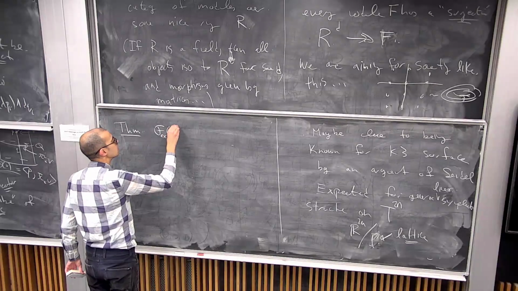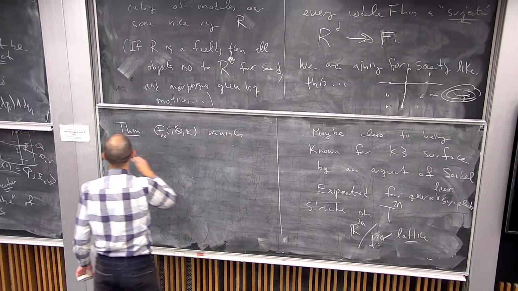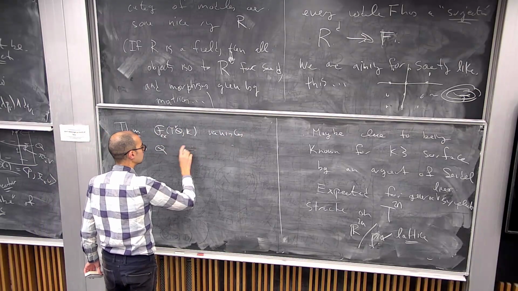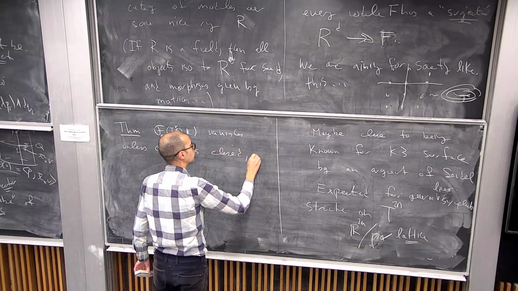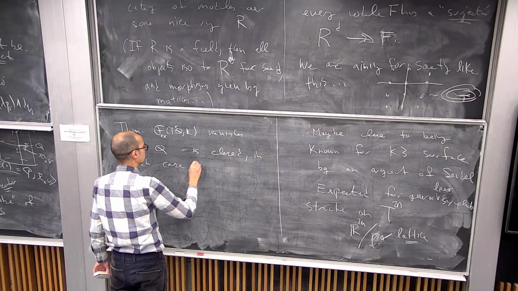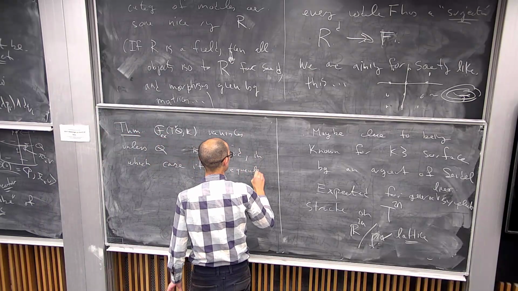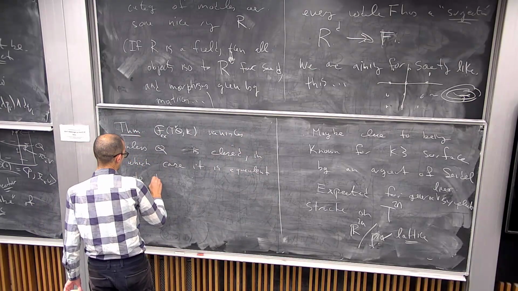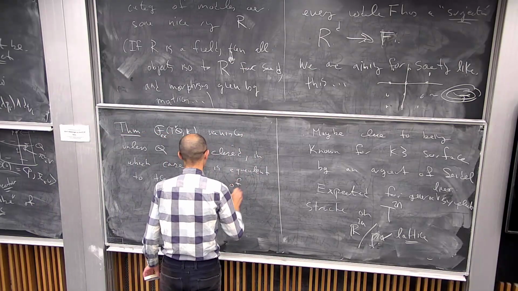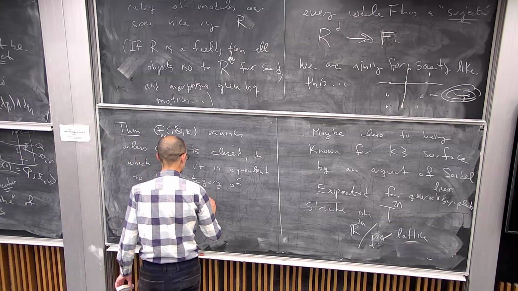The exact Fukaya category of T*Q over K vanishes unless Q is closed, in which case it is equivalent to the category of derived local systems.